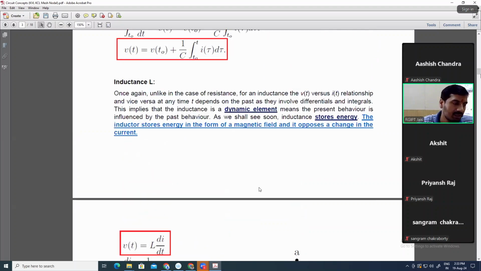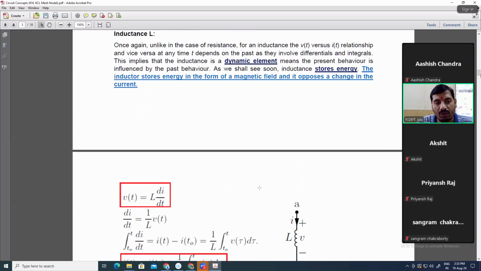It is also a dynamic element, because the voltage across the inductor or current through the inductor will change through time, and it also stores energy just like a capacitor. The stored energy will be in the form of magnetic field, and it opposes a change in current.